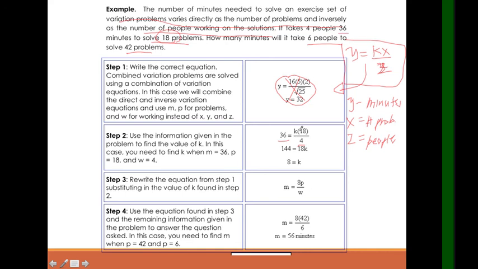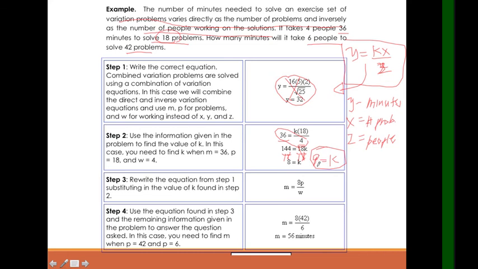Now, our given for the number of minutes is 36 minutes. So, 36 equals k, quantity, 18 problems solved by 4 people, which is the z. Now, we can divide 18 and 4 or cross-multiply first. So, that's 144 equals 18k. Divide both sides by 18. Cancel. Therefore, 8 is equal to k. So, that's the answer.